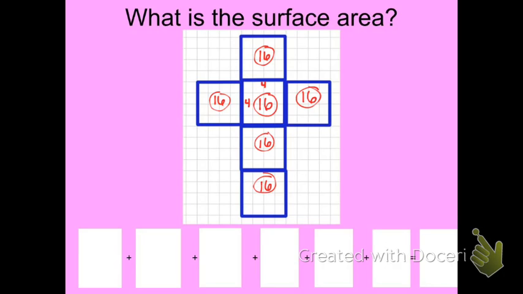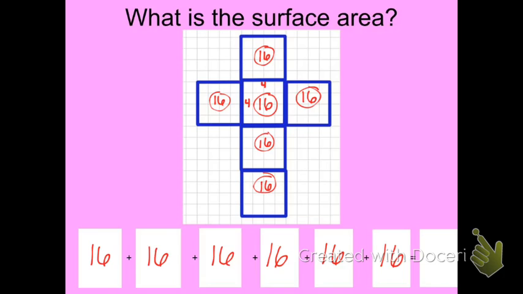So we're going to go down to the bottom. We've now written an area inside of each box. That's important to making sure we get it right. Okay, so let's go to the bottom and let's just add them up. So we have the area of one of them is 16, and then another, and another, and another, and another, and another. So we have 6 16s. So we can add 16 6 times, or we could just multiply 16 times 6.